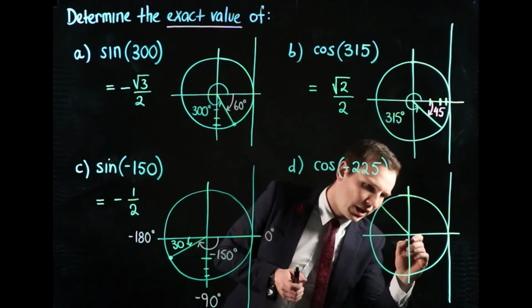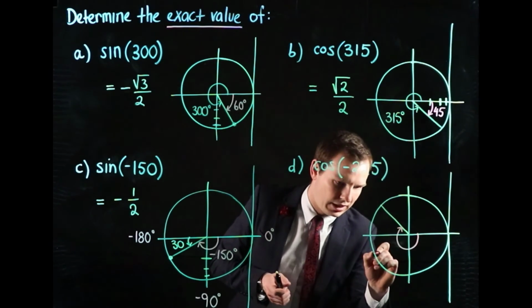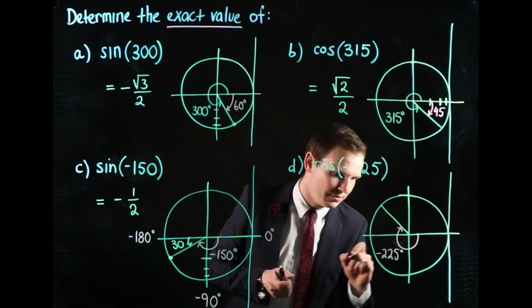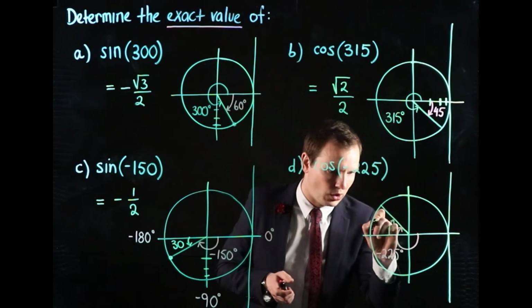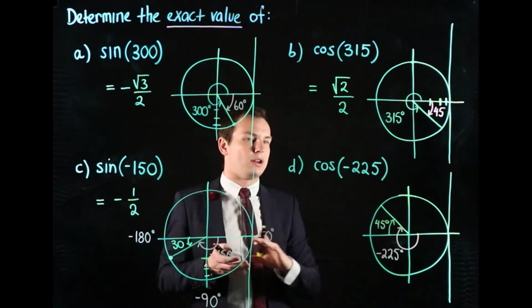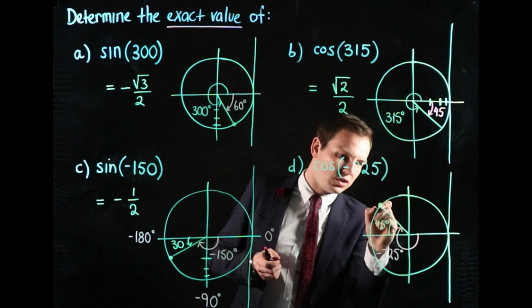Measuring backwards, this angle here is going to be negative 225 degrees. And that means that we're 45 degrees further around in the backwards direction than 180. So that puts us at this position on the unit circle.